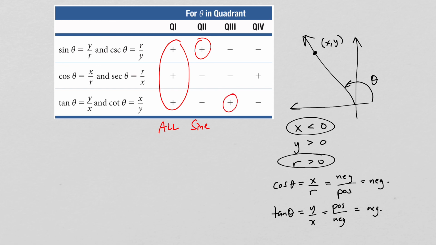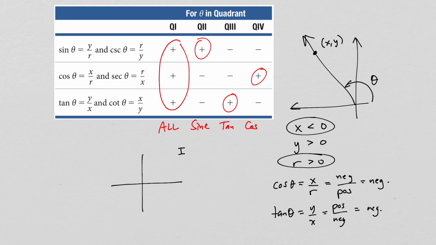In the third quadrant, only tangent and its reciprocal, cotangent, is positive. And finally, in the fourth quadrant, only cosine and secant are positive. So there's kind of an easy way to remember where the trig functions are positive or negative.